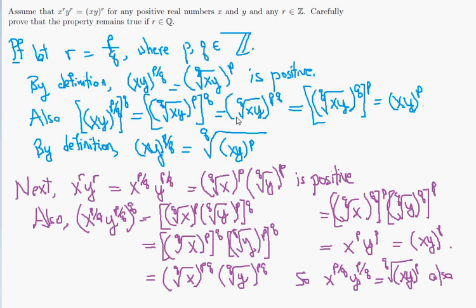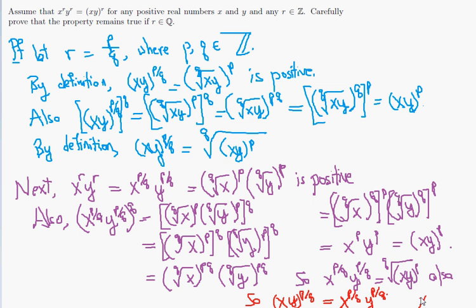And clearly, if this thing is equal to the qth root of x times y to the p, and this other thing is equal to the qth root of x times y to the p, that means the two things are equal. And so x times y to the p over q is equal to x to the p over q times y to the p over q, which ends the proof.